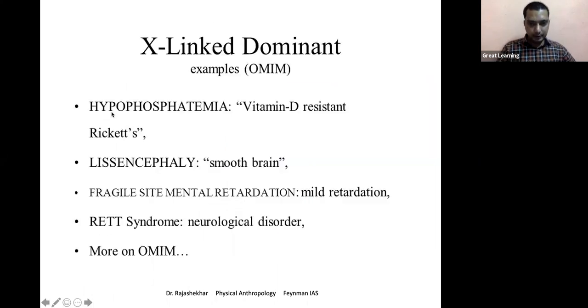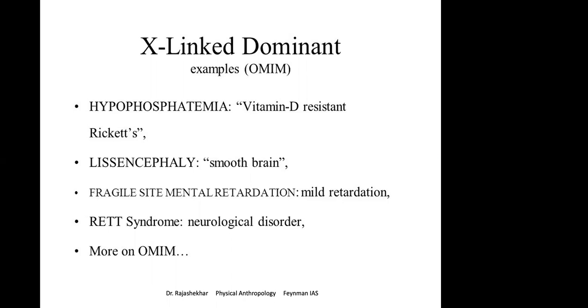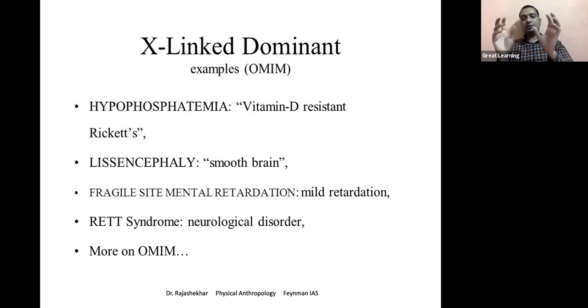Many examples, but none of them are very familiar or simple for you to remember. There is something called vitamin D resistant rickets. Have you heard of the rickets problem? Rickets is a nutritional deficiency disease. People with vitamin D deficiency have weak or fragile bones, and they easily break. This is called rickets.